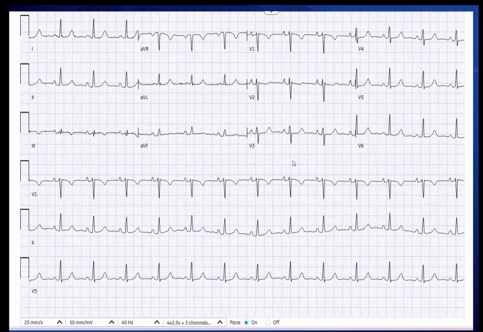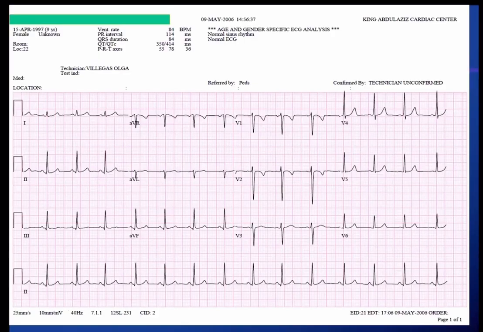And we take this example of a 9-year-old child who has come to the ER with some kind of chest pain. As we analyze the ECG, we can see that lead 1 and lead 2 are pointing upwards. If we measure the R wave in V1, V2 and V3, we will find they are small, but the R wave in V4 and V5 are large. So this is a normal pattern. The P wave and the PR interval are normal.